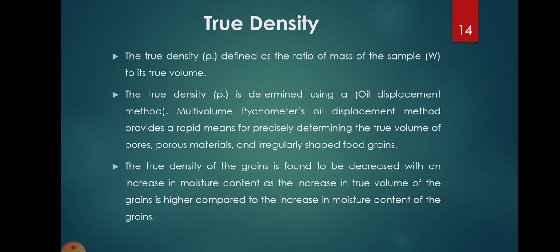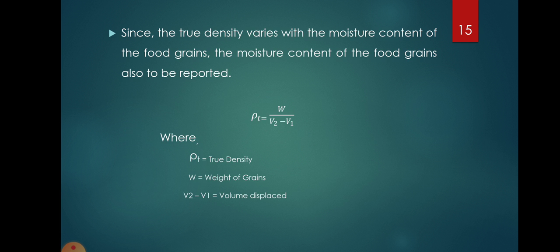The true density of the grains is found to decrease with an increase in moisture content, as the increase in the true volume of the grains is higher compared to the increase in the moisture content of the grains. Since the true density varies with the moisture content of the food grains, the moisture content also has to be reported.